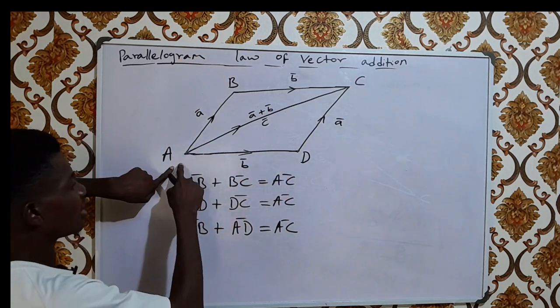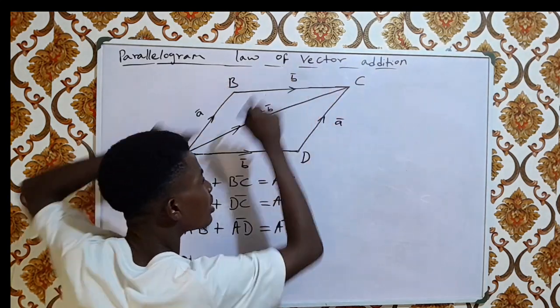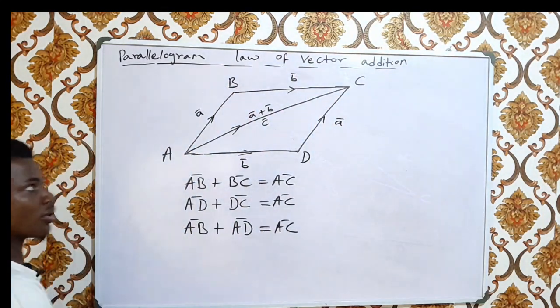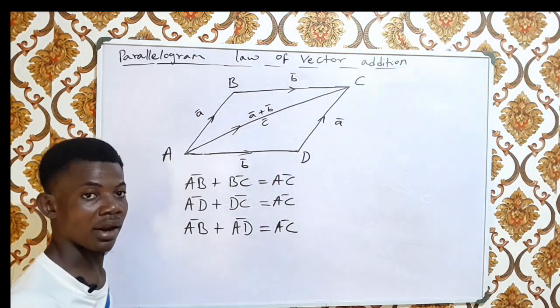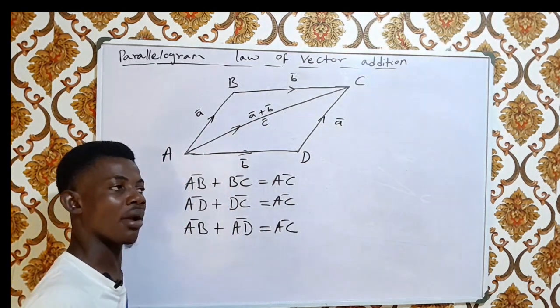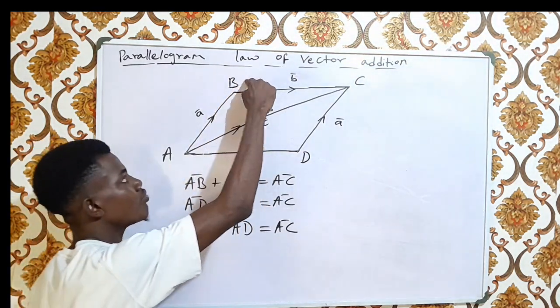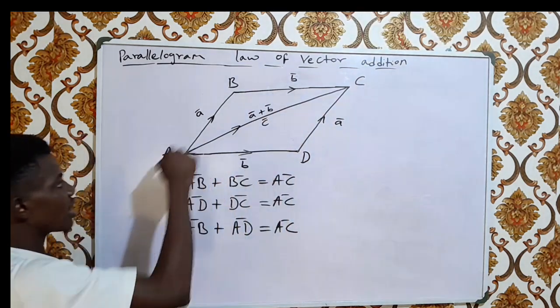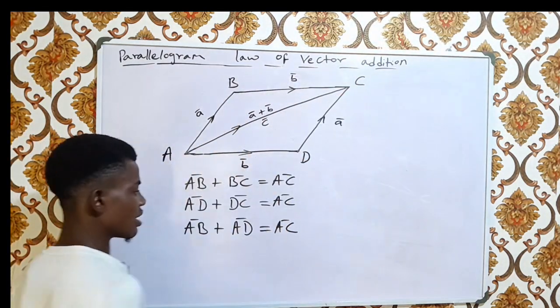What is AD? AD is the same thing as BC, because opposite sides are equal under the properties of a parallelogram. So this AD is the same thing as BC. So we can say that AB plus AD will give us AC.